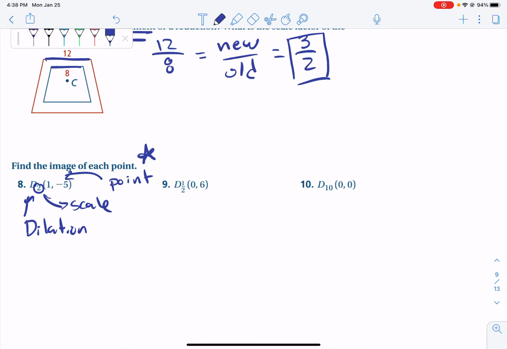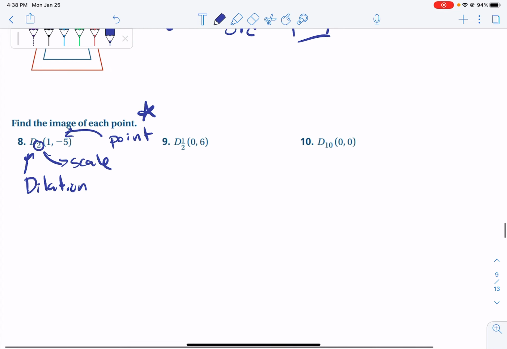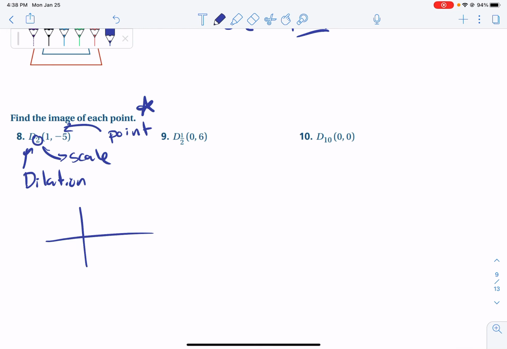So it's telling me I want to dilate with a scale factor of 2, the point 1, -5. So on my diagram, if I have a point 1, -5, it wants me to dilate that with a scale factor of 2. So that means I'm going to times both of those points by 2.